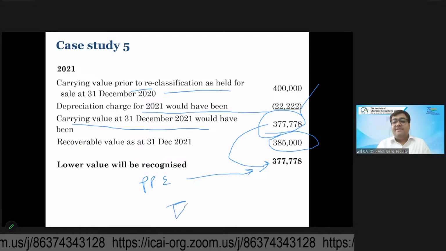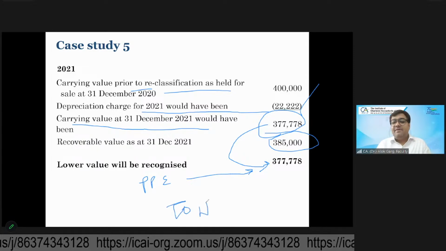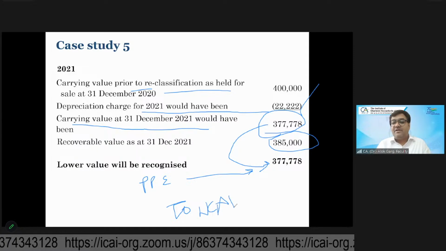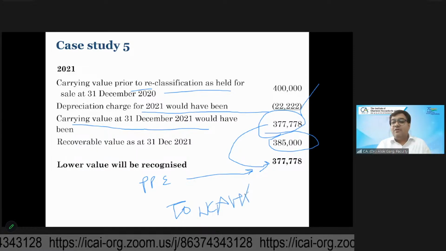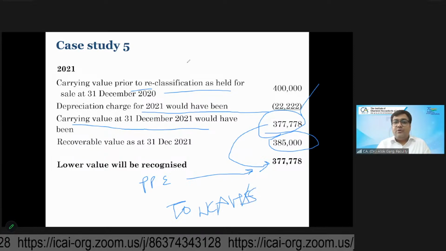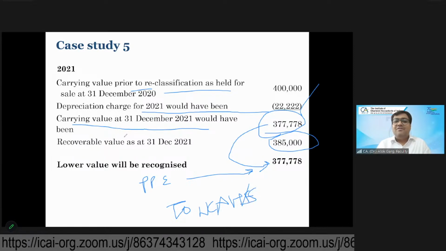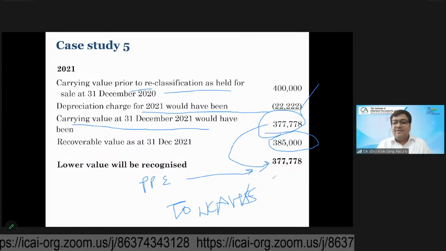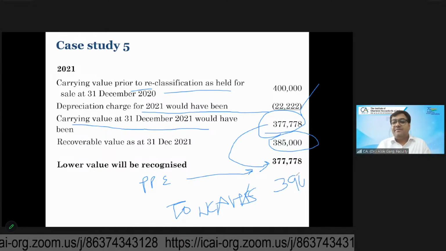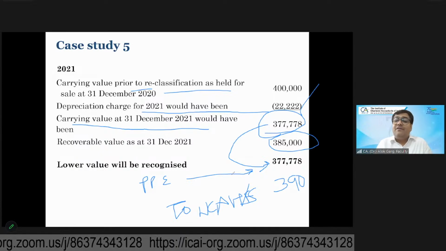Second, NCHFS to be credited by which value? What was the value of NCHFS in this question? You are right, Rahul. 3,90,000. Correct? So 390 is the value of NCHFS, which needs to be credited. Now, where will the differential go?